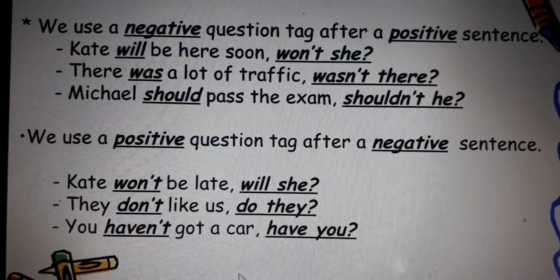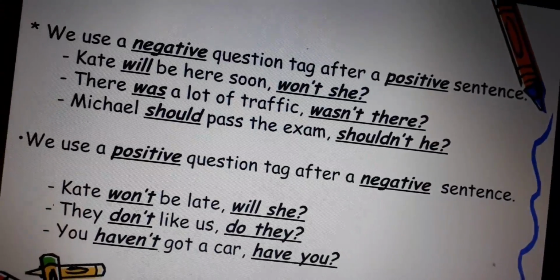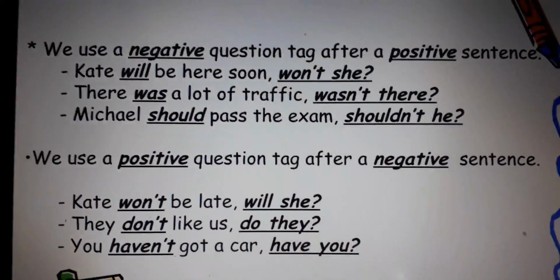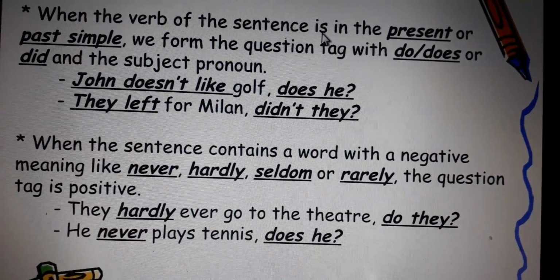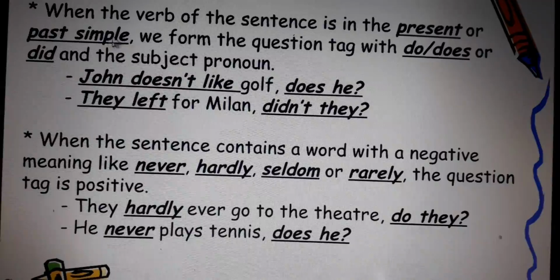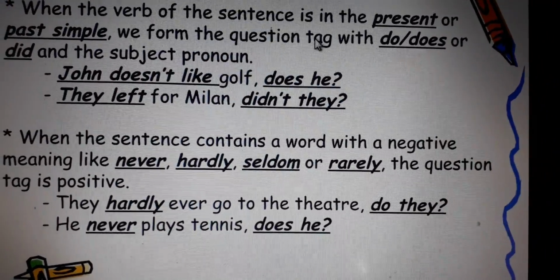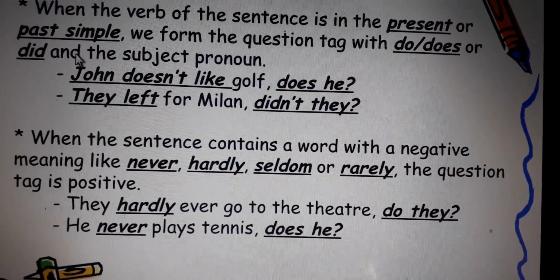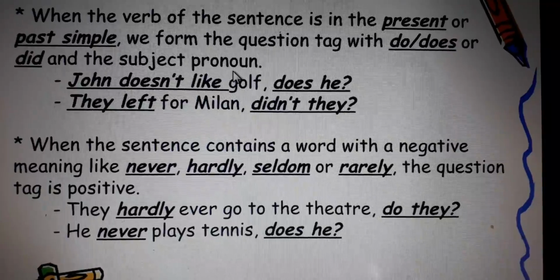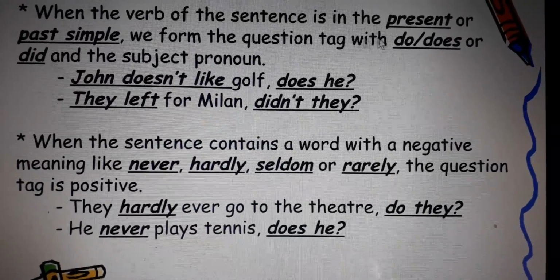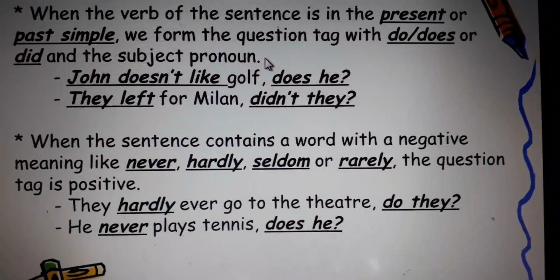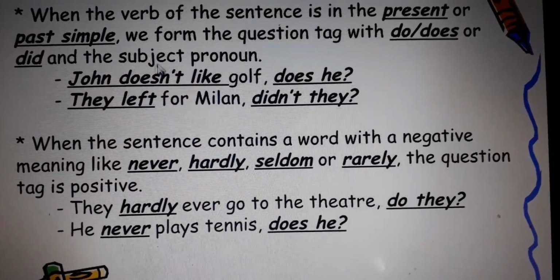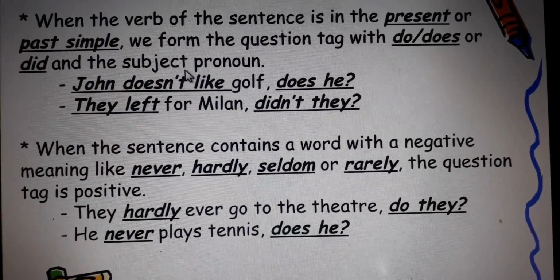Same rule. If there is no helping verb, we will identify the tense. When the verb of the sentence is in present or past tense, we form the question tag with do, does or did and the subject pronoun, followed by the pronoun of the subject.